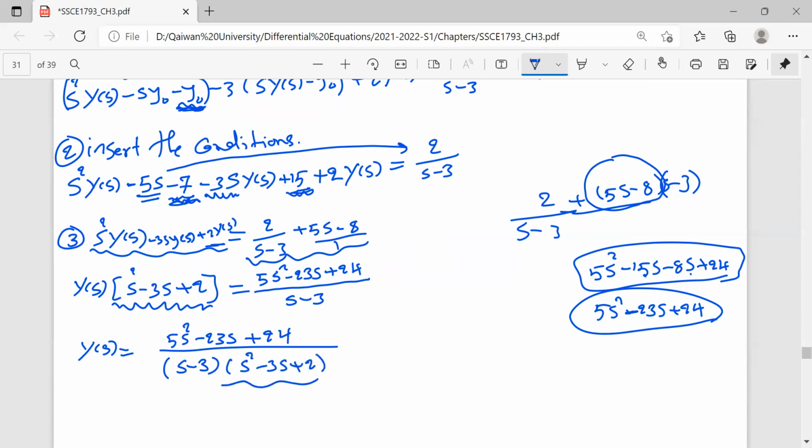We must factorize the denominators. To factorize this, we get s minus 2, s minus 1. So we just replace this by s minus 2, s minus 1.